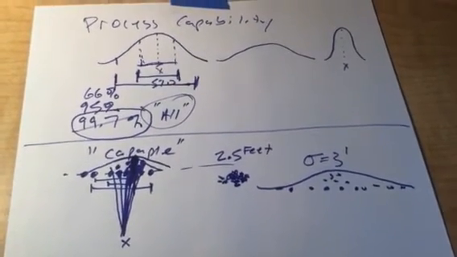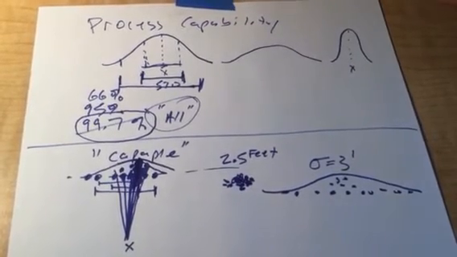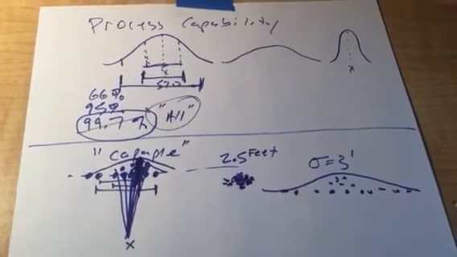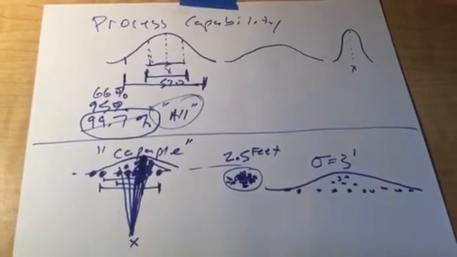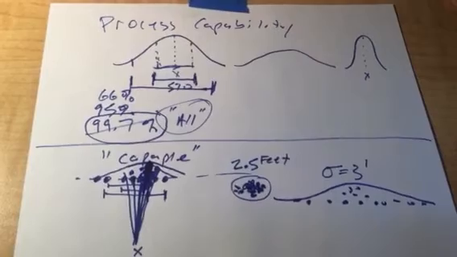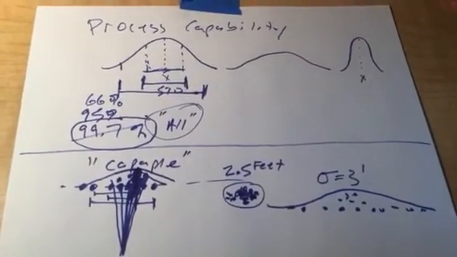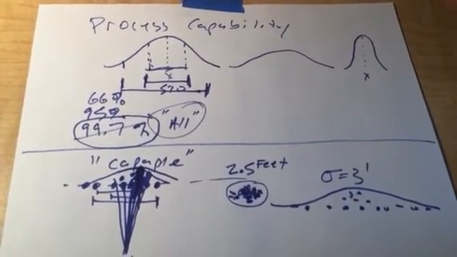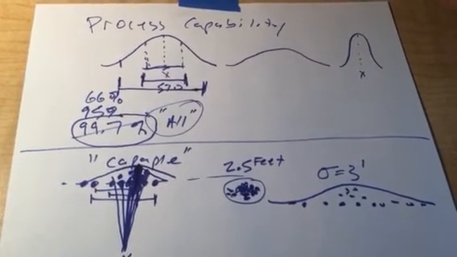We want to get some sense of how this distribution fits with an 18-foot target. Ideally, we'd like a really tight distribution and a really big target. It's really the ratio of the two that we care about. If the distribution is a little bigger and the target is really huge, that's okay. But if we have a smaller target, we want a smaller distribution. That's really what we're interested in.